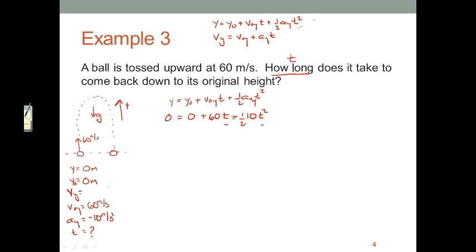Therefore, I can divide everything by a t and get rid of this one and one factor of that one. So simplifying, I get 0 equals 60 minus 5t. Moving the 5t to the other side, I get 5t equals 60, so t equals 12 seconds.